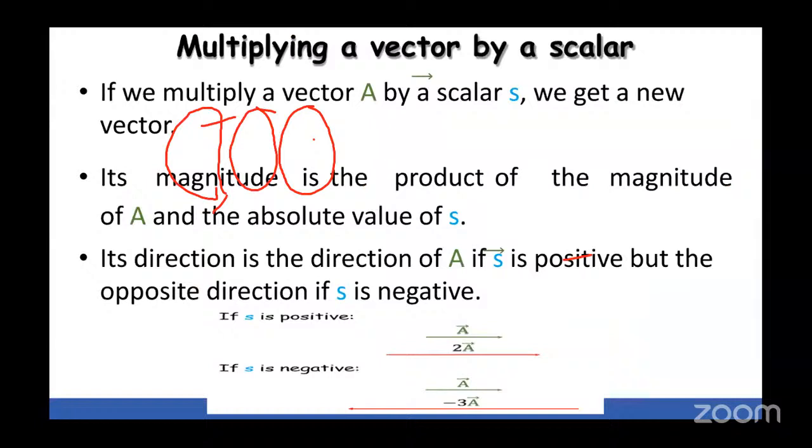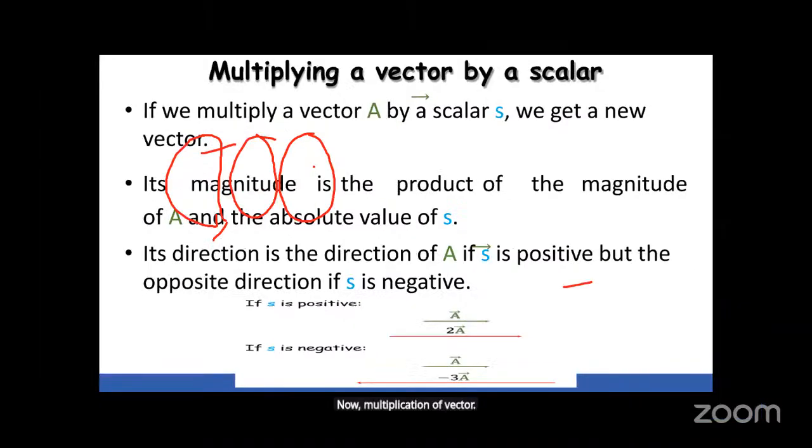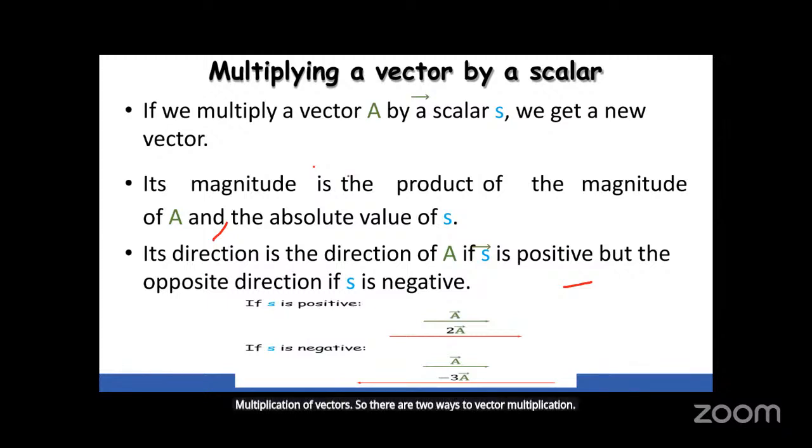Now, multiplication of vectors. There are 2 ways to carry out vector multiplication. The first is the scalar method. In this type of multiplication, we multiply a vector by just a number.